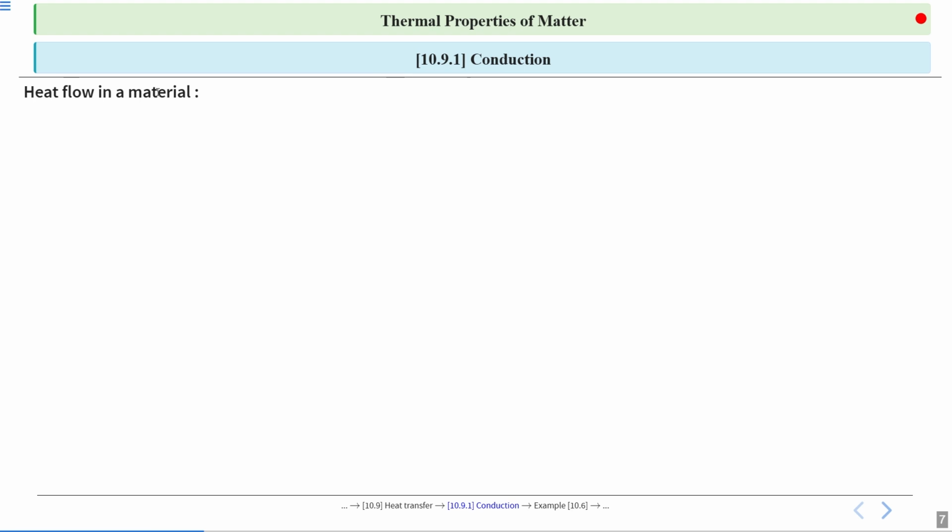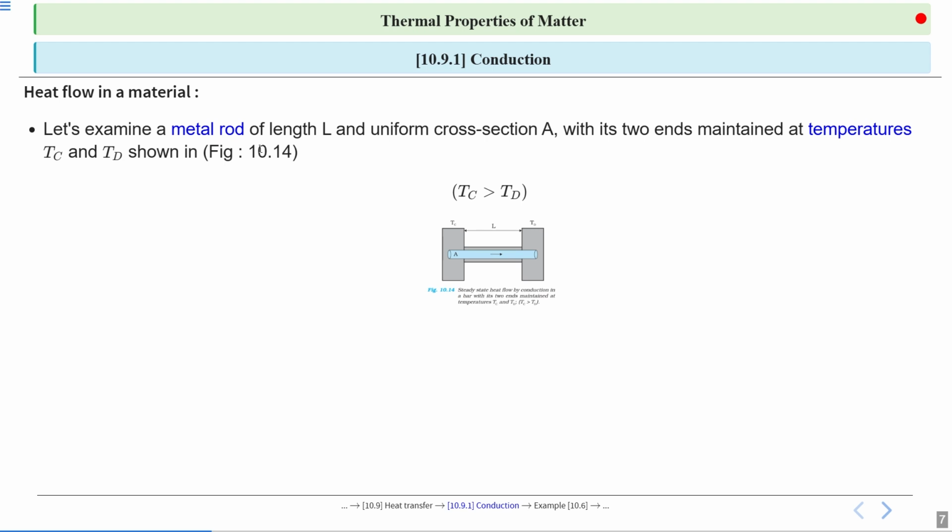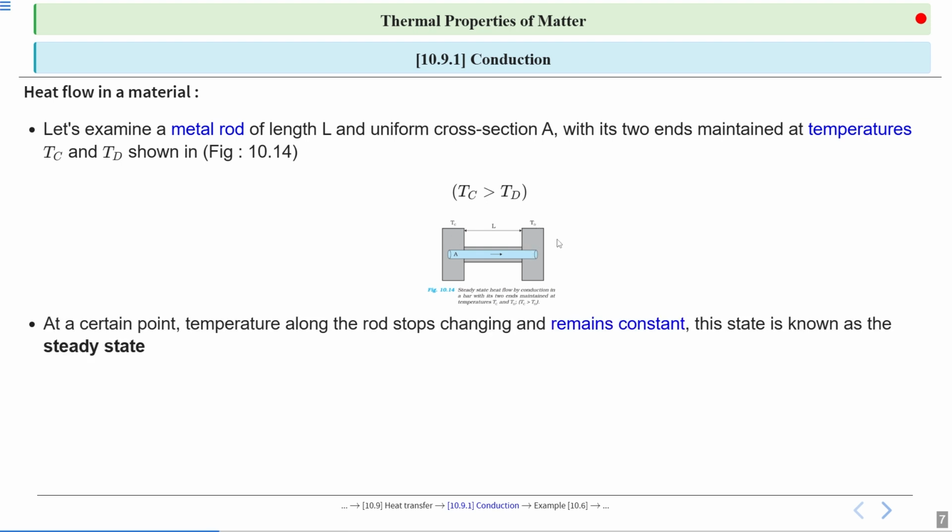Heat flow in a material. Let's see an example. Let's consider a metal rod of length L and uniform cross-sectional area A with two ends maintained at temperatures Tc and Td. The first end is at temperature Tc, and the second one at temperature Td.